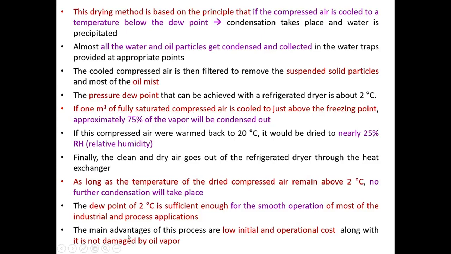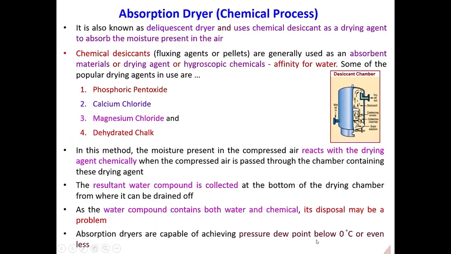As long as the temperature of the dried compressed air remains above 2 degrees Celsius, no further condensation will take place. The dew point of 2 degrees is sufficient for the smooth operation of most industrial and process applications. The main advantages of this process are low initial and operational cost, along with it is not damaged by oil vapor.